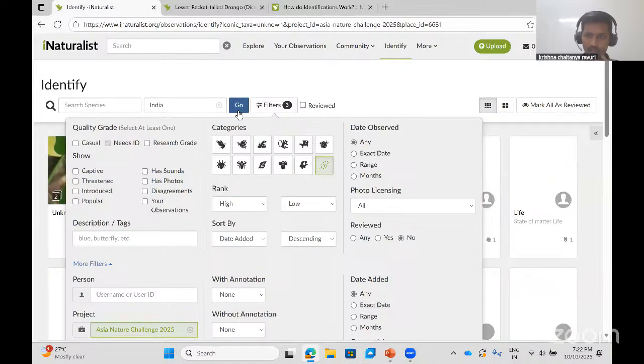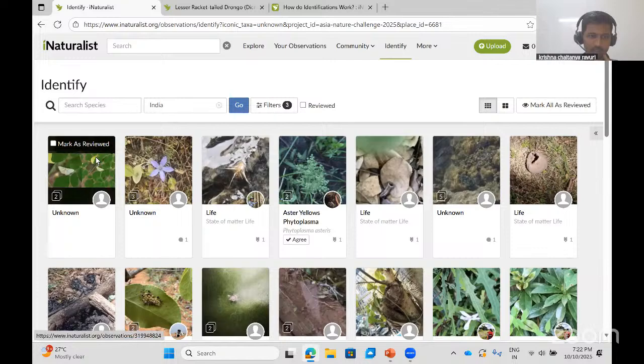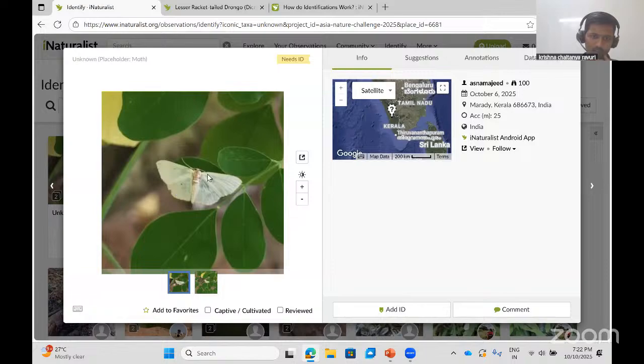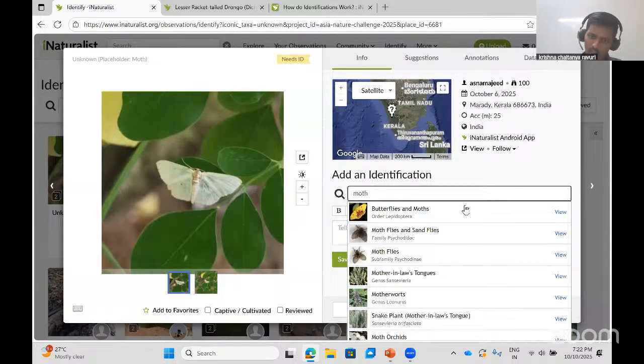So I'll just show this one first. Yeah, so we see an observation, and I believe the subject of this is definitely the insect here, and this is a moth. But I don't know which moth, so I'll just type moth.